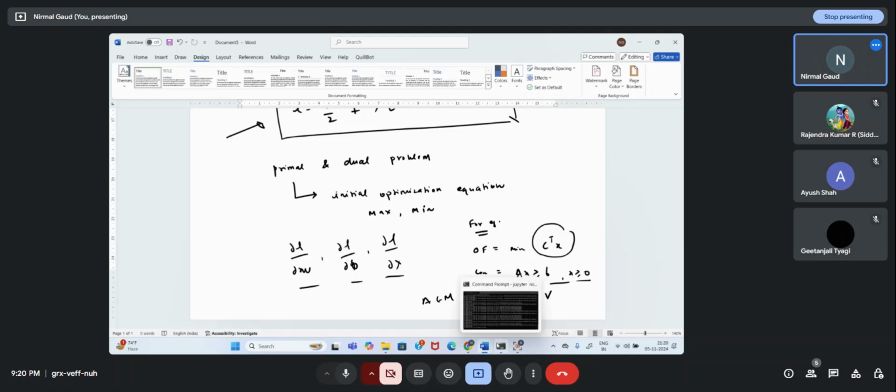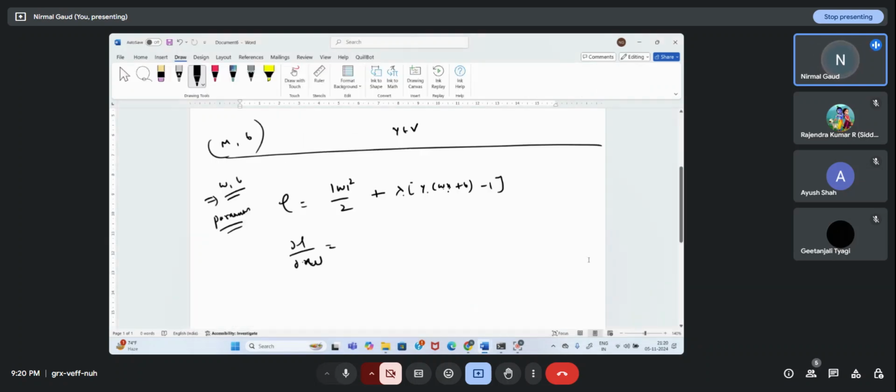Okay, fine. So if I perform del L by del W, what I will be getting here is 2W by 2, the 2s cancel, plus this is lambda y wx. So here it is W now. So the result which I am going to get here is lambda y and x, not Wx, because W will be differentiated.